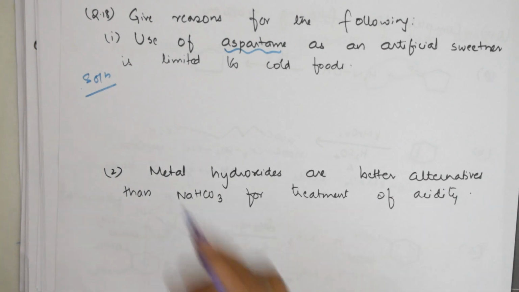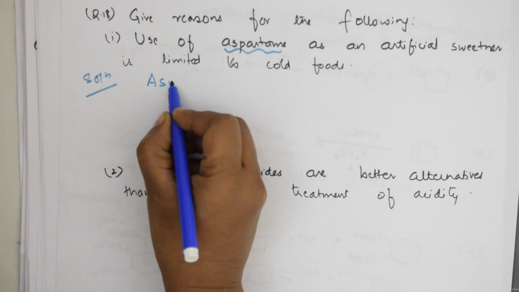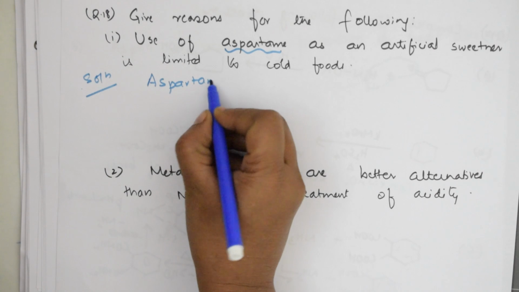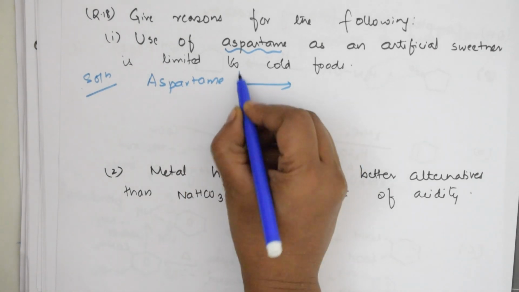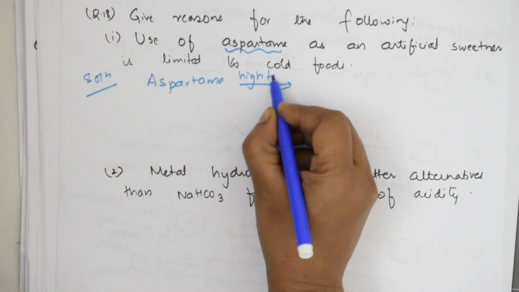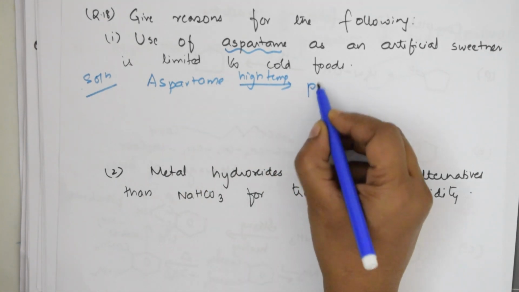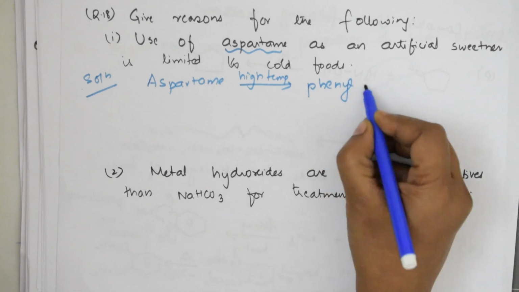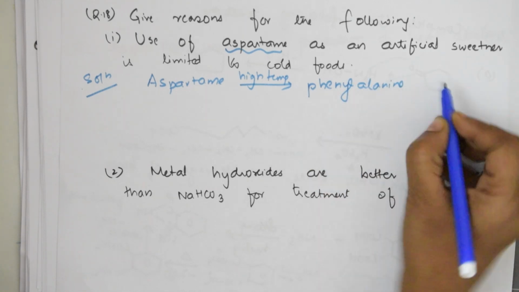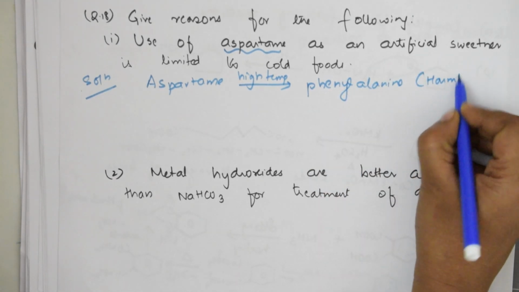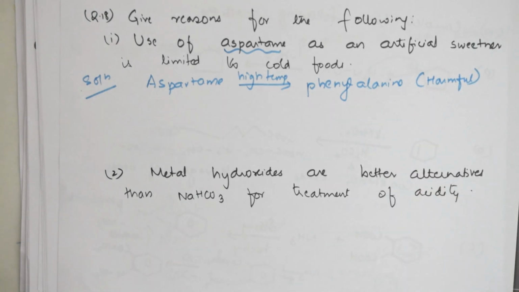What should you remember? Whenever aspartame is exposed to high temperature, that means when you heat it, what will happen? This aspartame is going to get converted to a substance called phenylalanine. This phenylalanine is harmful in nature. So this is the reason.